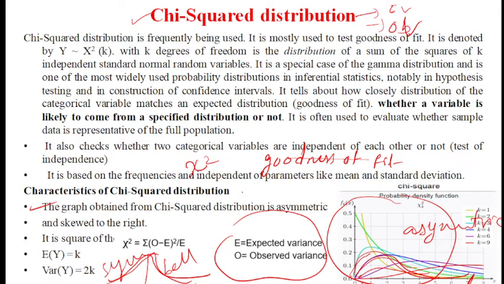What is the formula for this chi-square distribution? Chi-square is equal to summation of observed values minus expected values whole square by expected values.